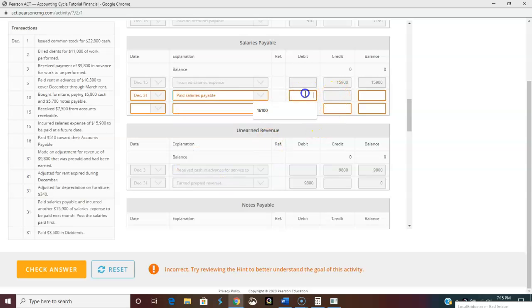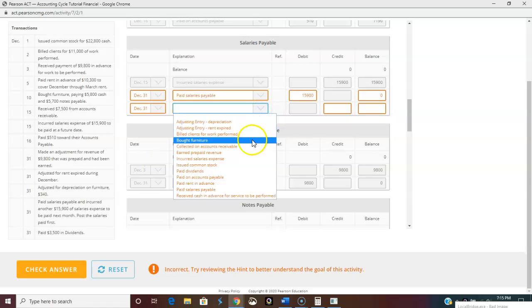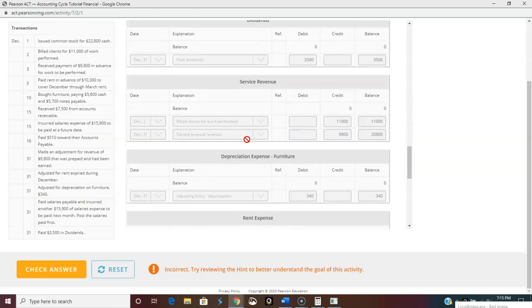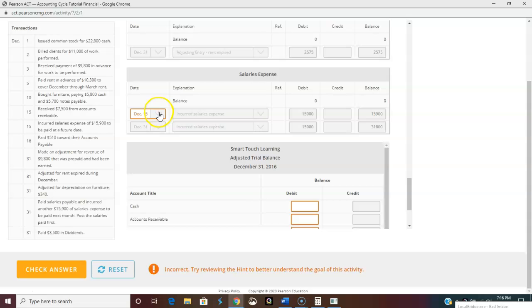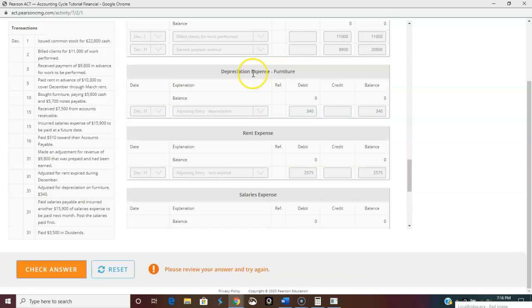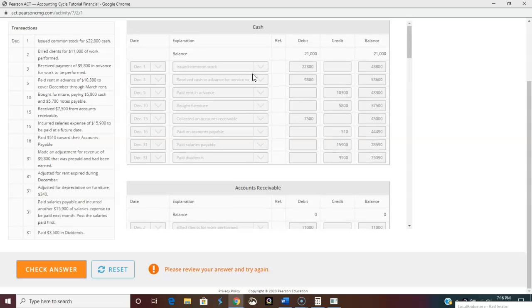Paid salaries payable, 15,900. Got too many zeros, so then the balance would be 0. And then we had another one that was incurred salaries expense, not revenue, for 15,900. And so it should be 15,900 again. Anything else I missed here? I got that one. Check it again. Let's see. All right, we got all these. Whew, that was a pain.